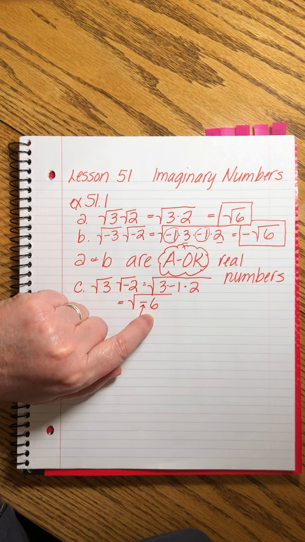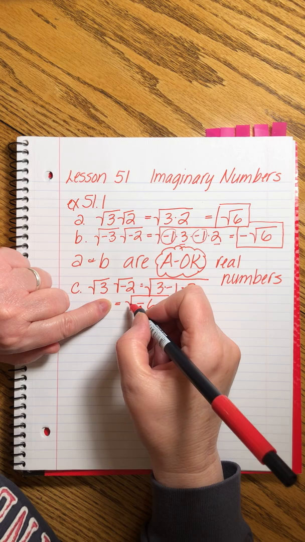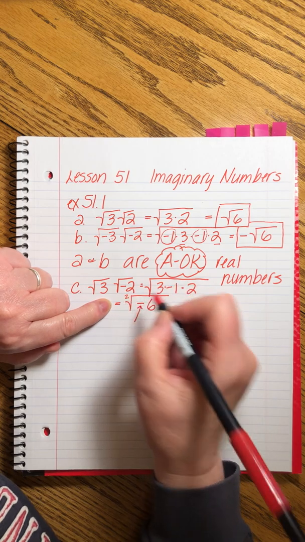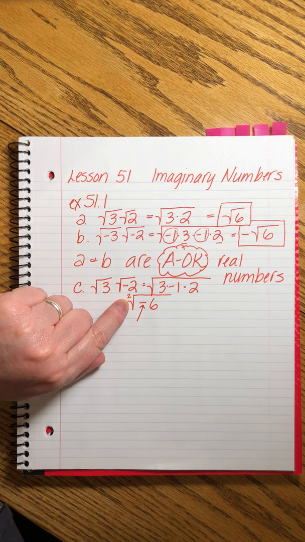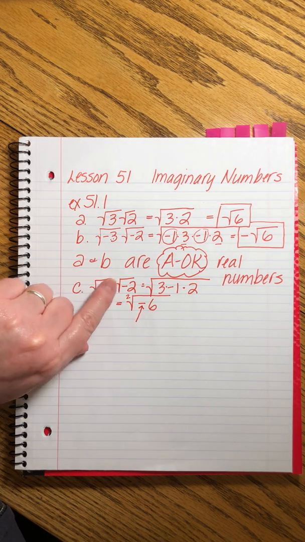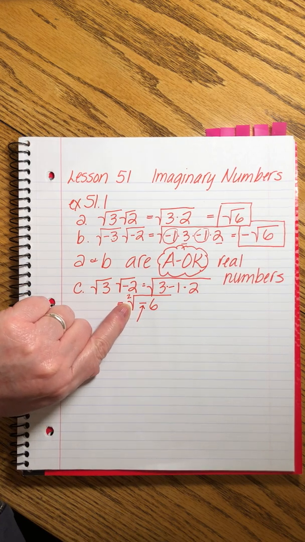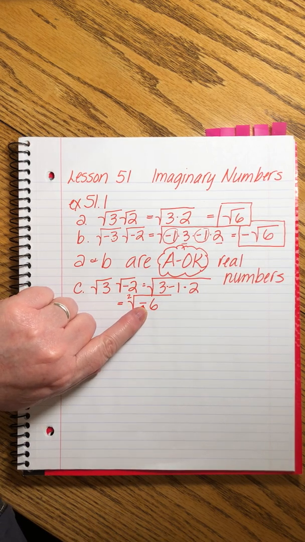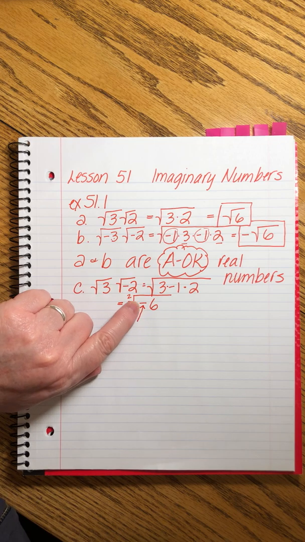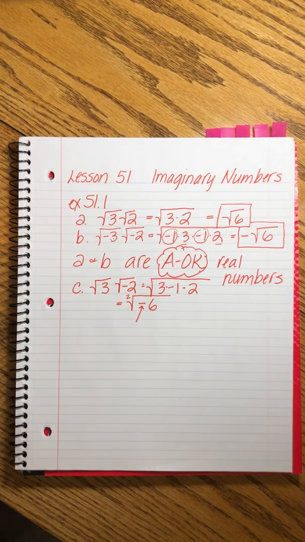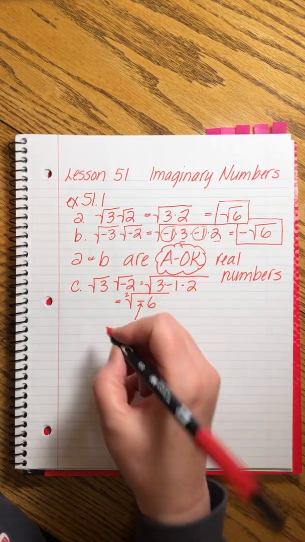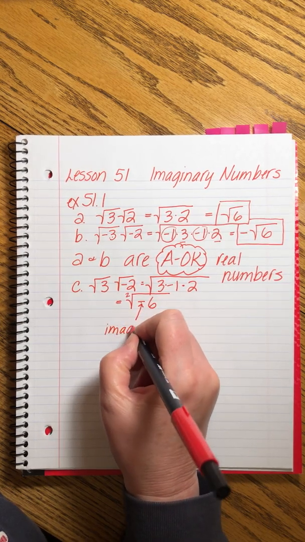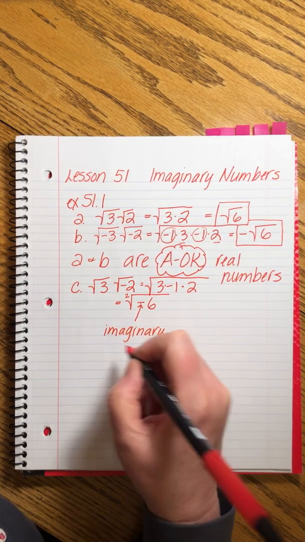That is real trouble. Now, if this were a cube root, or any odd numbered root, that would be okay. But when we have even numbered roots, especially the invisible 2, right? We haven't been writing the 2, but we know it's a square root. Even numbered roots cannot have minuses on the inside. There's no way to find that number on the number line. It doesn't exist. So when we have a minus inside of an even numbered root, that's how we get an imaginary number.